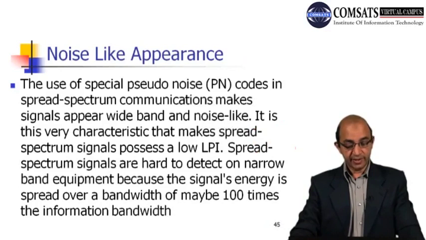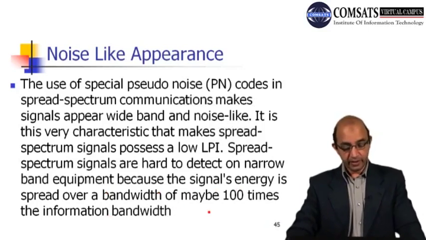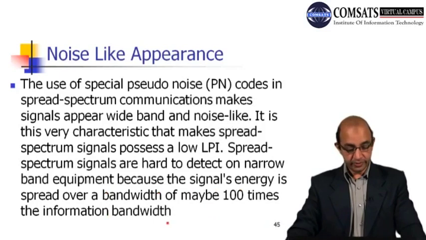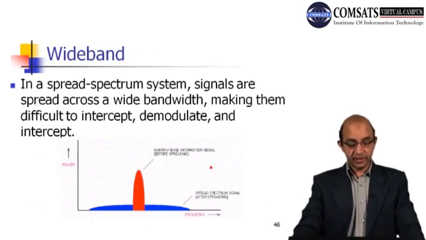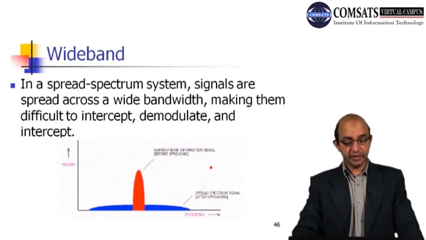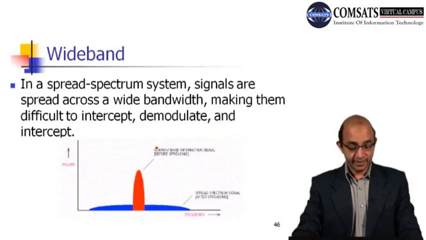Spread spectrum signals are hard to detect on narrowband equipment because the signal's energy is spread over a band of maybe 100 times the information bandwidth, right? So we are actually spreading the spectrum. Here we have the graphical representation of the spread spectrum spread across a wide band, making them difficult to detect and intercept, right?